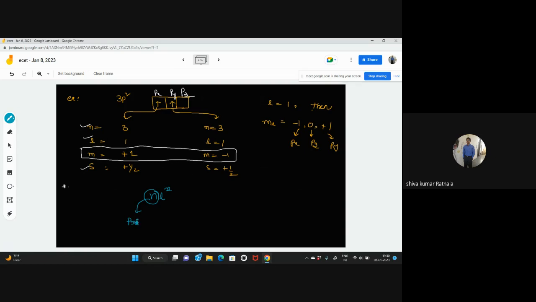principal quantum number, and L indicates azimuthal quantum number, and X indicates number of electrons.